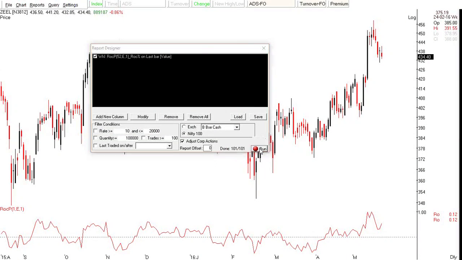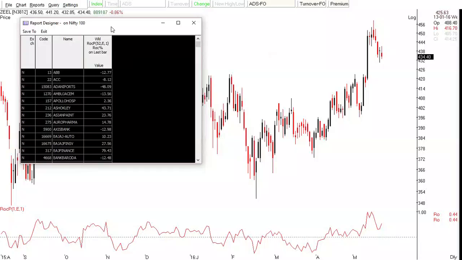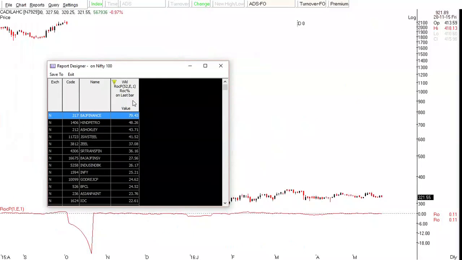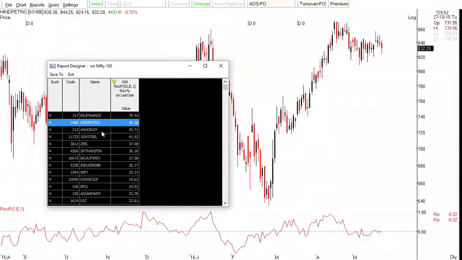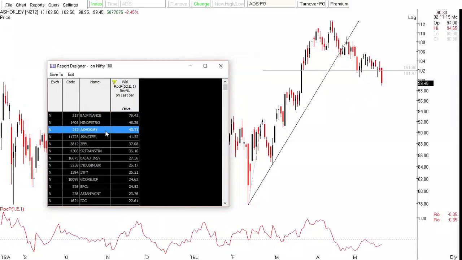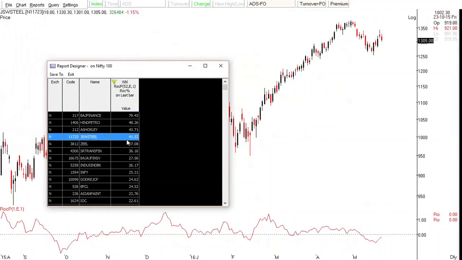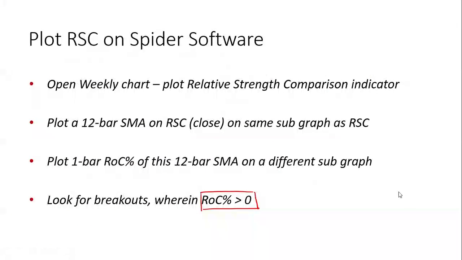And I run. So this gives me the 52 weeks percentage. Bajaj Finance is 79% up. Hind Petro in 52 weeks is up 48%. Ashok Leyland in 52 weeks is up 43%. JSW is up 41%. So Arun, that is the information, the percentage gain or loss in the last 52 weeks.